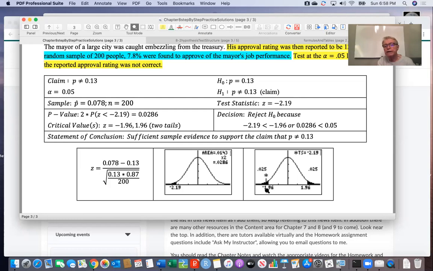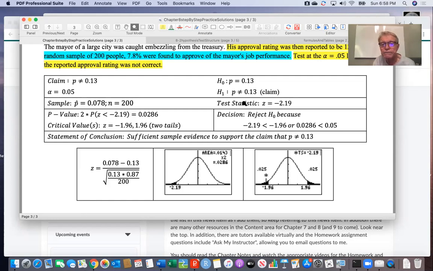Plot negative 1.96 on the left and shade in underneath the curve farther from the mean than negative 1.96. So any value of test statistic that happens to be bigger than 1.96 or less than negative 1.96 is going to cause us to say that the test statistic is unusual. So we need to plot it.